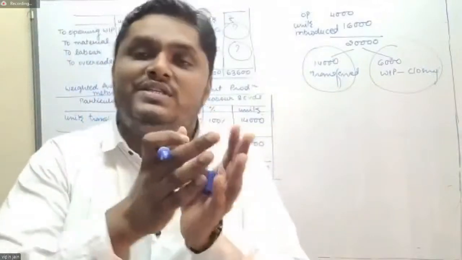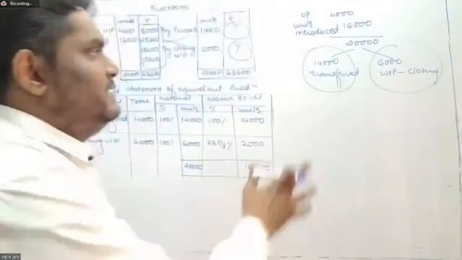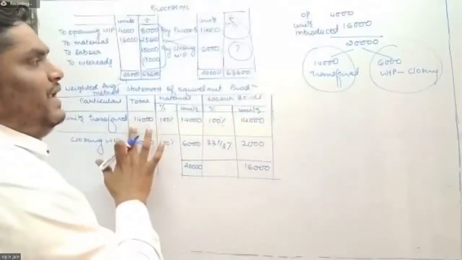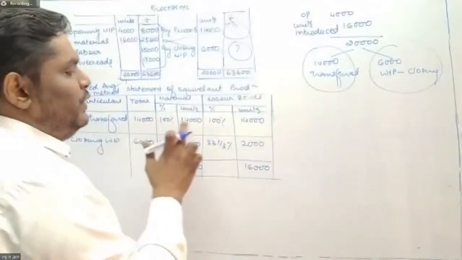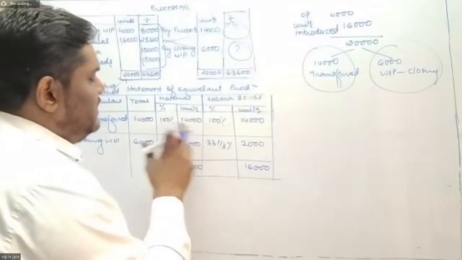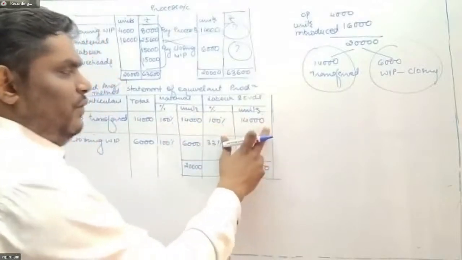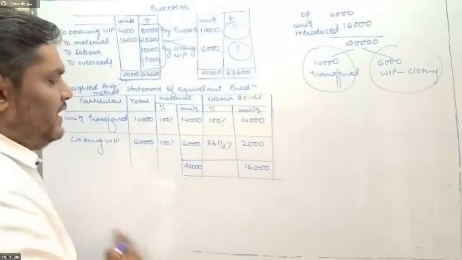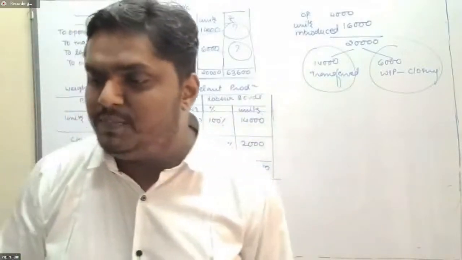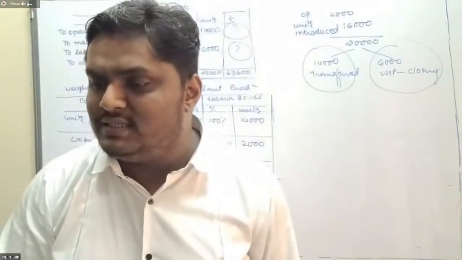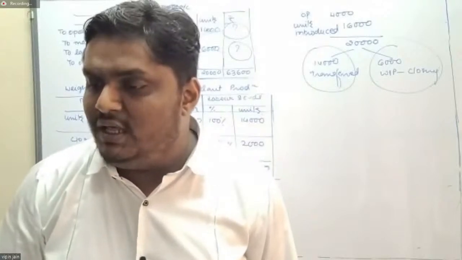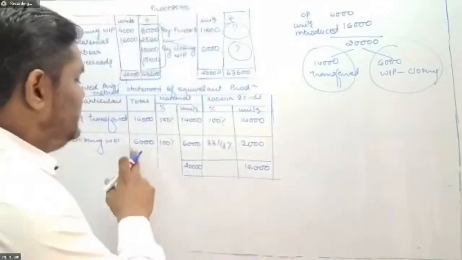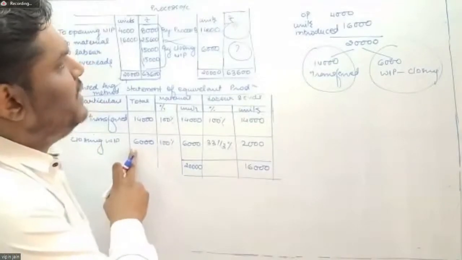So no need to do bifurcation of how much is the opening work in progress, how much is the closing work, how much is the units started and completed. Simply, 14,000 units were transferred, they were 100% complete. So 14,000 into 100%, 14,000. As far as closing work in progress is concerned, it is given in the question that material is processed 100%. So 6,000 units is the closing work in progress.